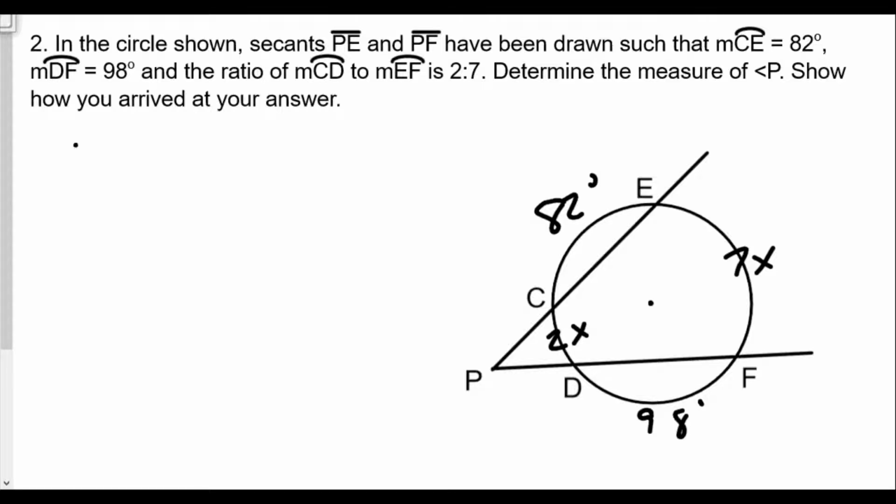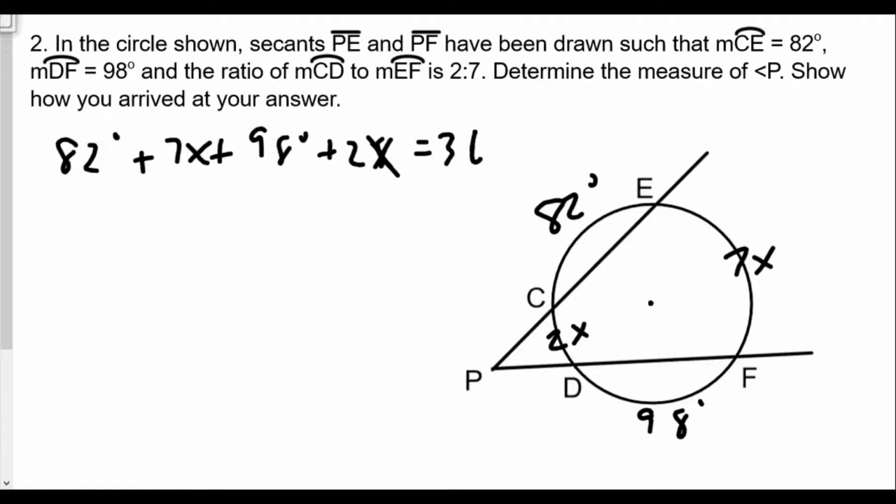So we know that 82 degrees plus 7x plus 98 degrees plus 2x, because those are all the arcs that make up the circle, will add up to 360 degrees. Let's add up 98 and 82. That should give us 180. So 180 degrees plus 9x equals 360 degrees.